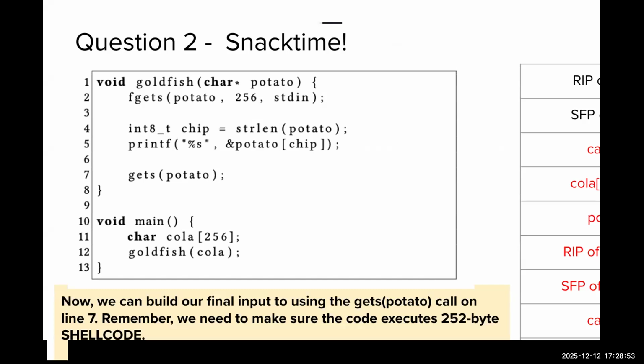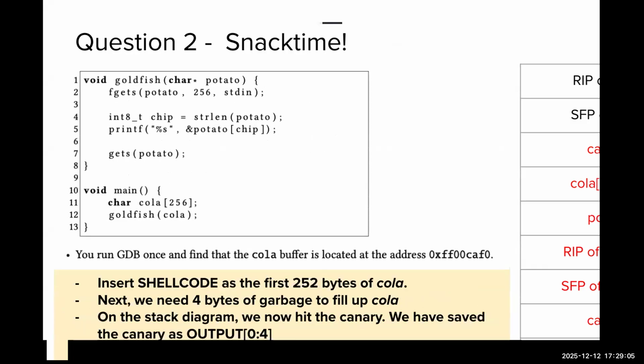Now chip should point to the canary, and now we want to read the canary in. That would be the first 4 bytes of output. And then we can do a normal buffer overflow exploit, and we just put the value of the canary where the canary is supposed to be.